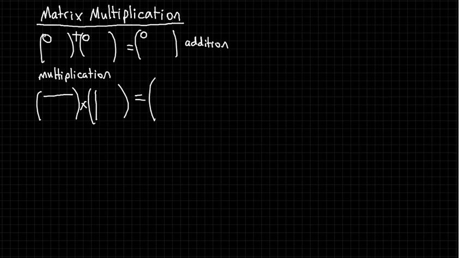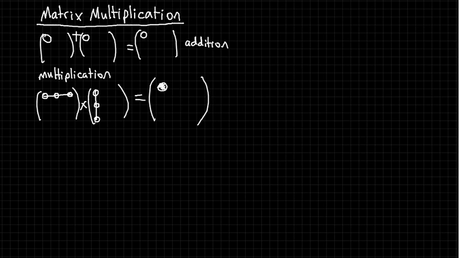And that is going to equal one entry. So you're going to go this one times this one plus this one times this one plus this one times this one, and then that's going to give you this value over here. Okay, so it does require a little bit more effort, but it's not too bad.